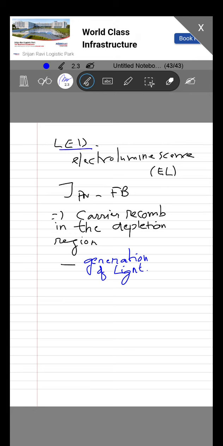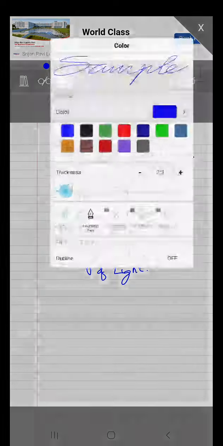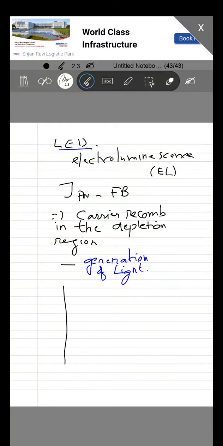Now, if we plot the LED energy versus the intensity, we can see the LED spectra for that matter. So if we plot energy expressed in packets of h nu, and this is the intensity.